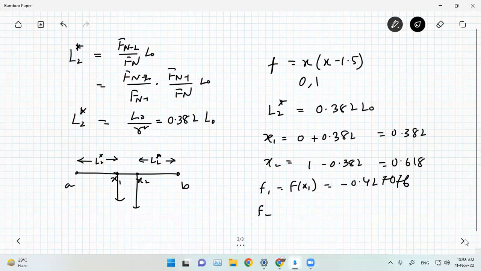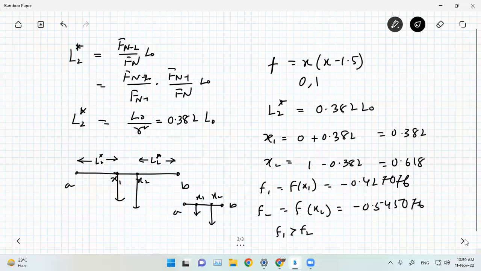And F2, which is f(x2), will be minus 0.545076. So if we plot it, this is our AB, and this is our X1 and X2. Definitely X2 is larger than X1. So F1 is greater than F2.